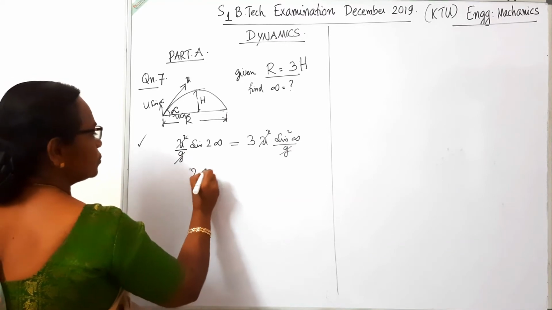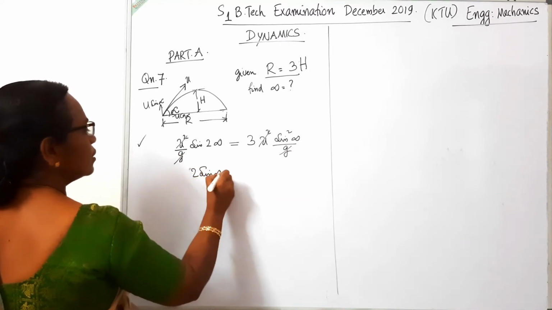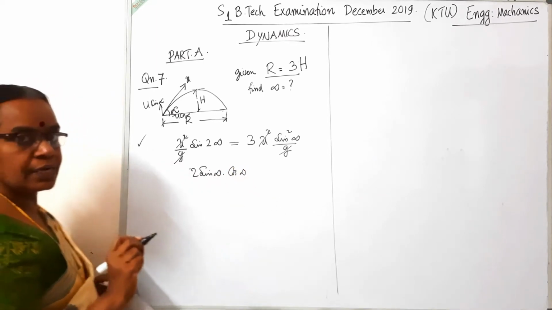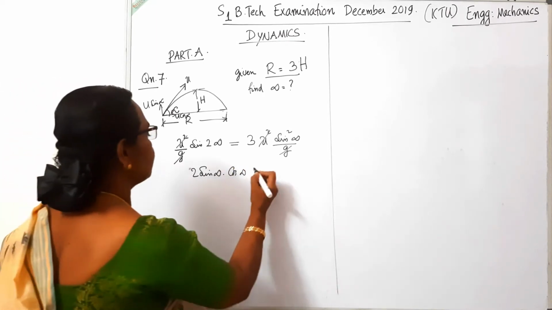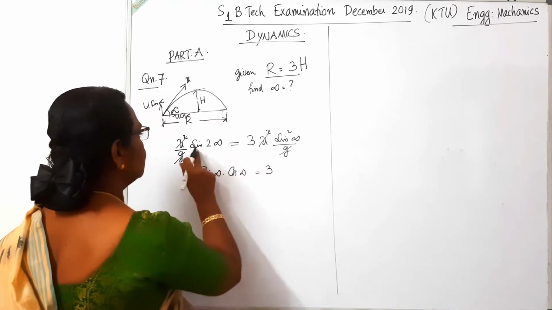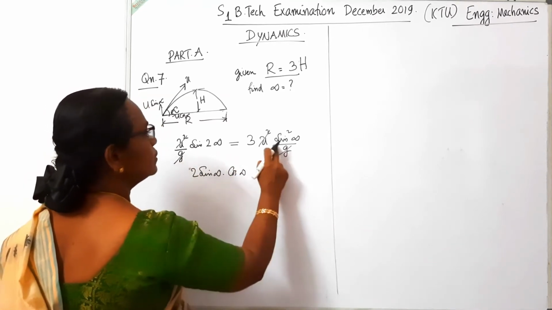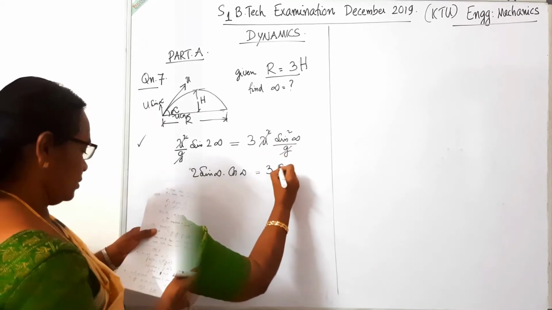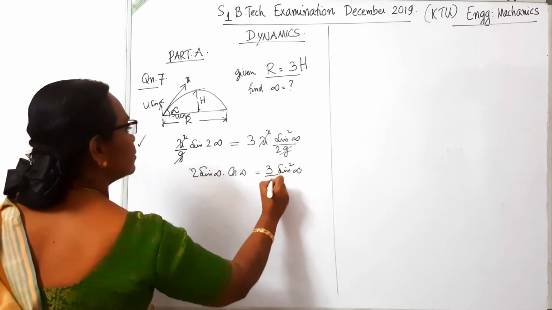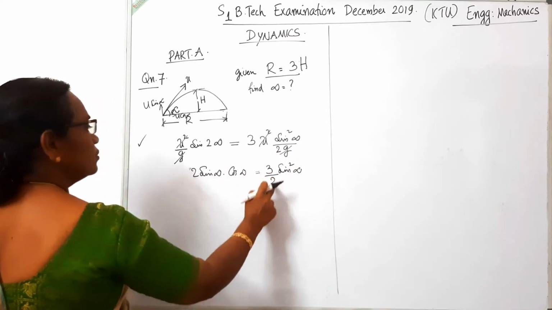Sin 2 alpha is 2 sin alpha cos alpha. You should know the trigonometry. So 2 sin alpha cos alpha is equal to 3 sin square alpha by 2.